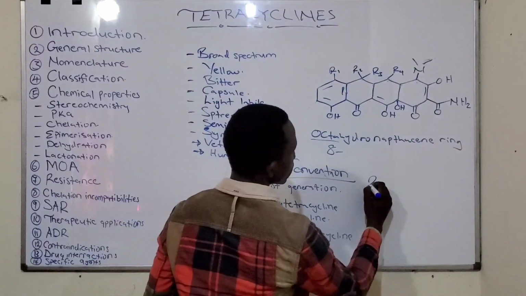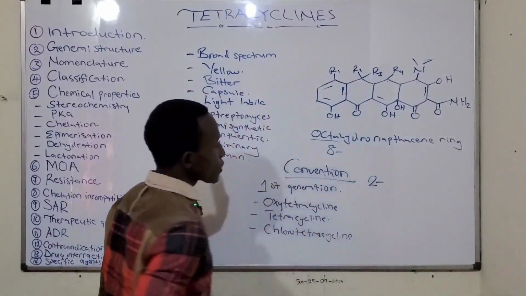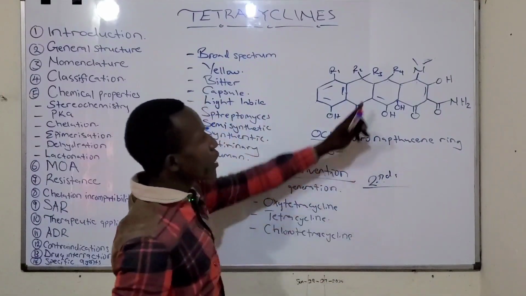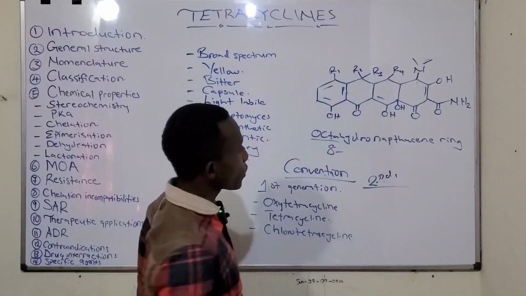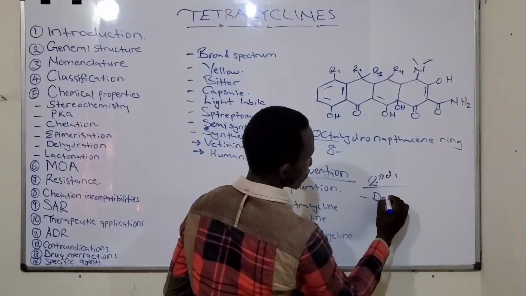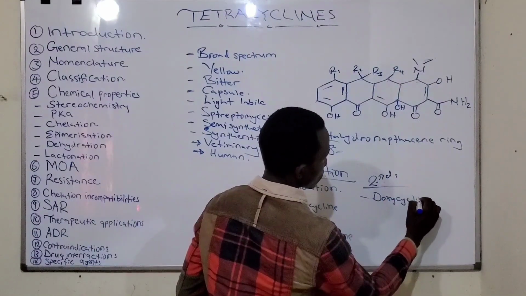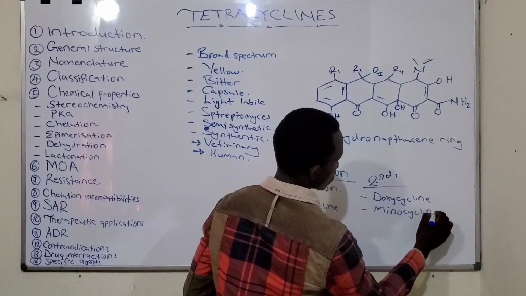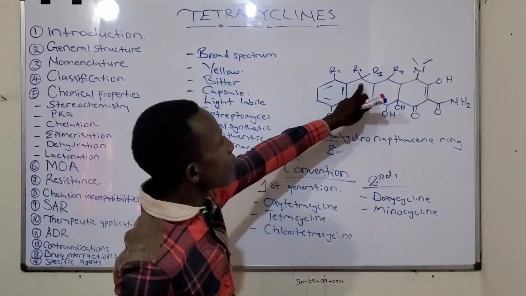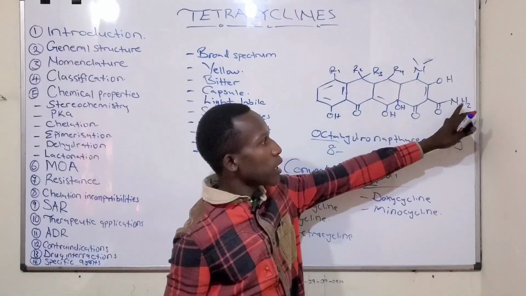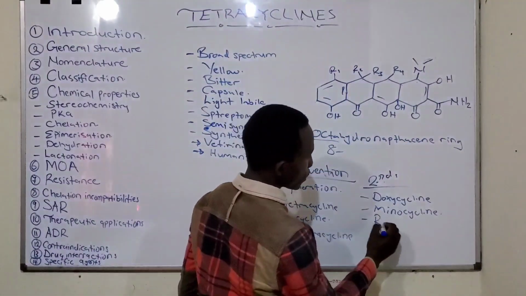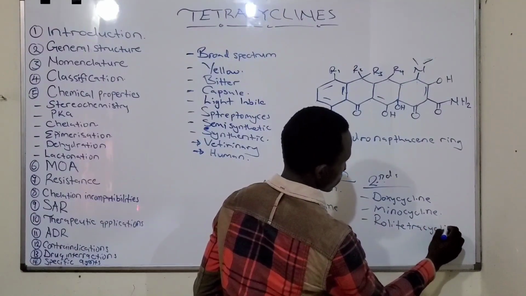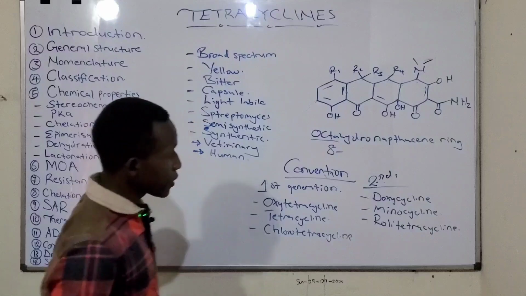Then the second generation are those tetracyclines where this OH at position 6 was removed, where we have doxycycline and minocycline. Some have OH groups here, but they modified them at the amide region, where we have rolitetracycline, and many others.